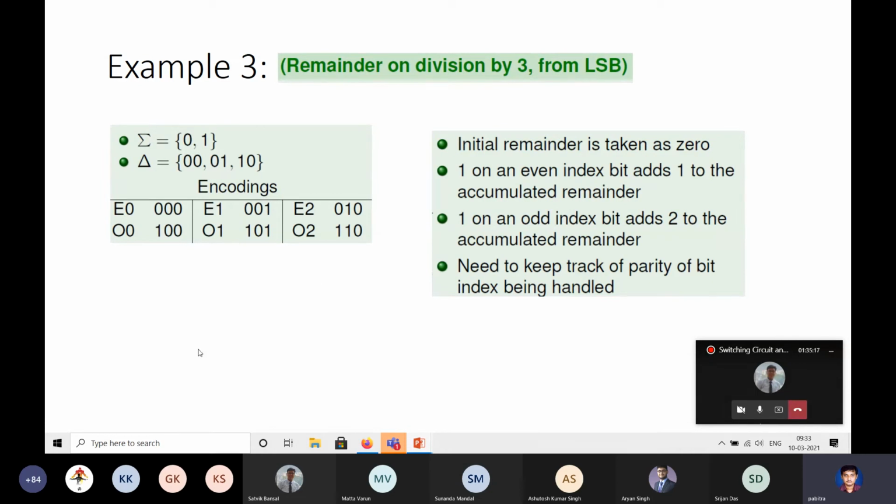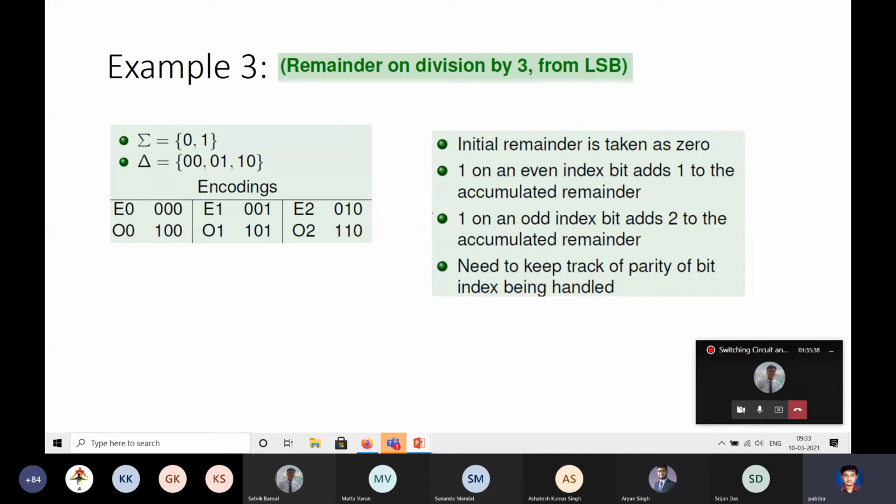But now instead of from the MSB side, I have the bits coming in from the LSB side. So if you have the LSB bit first, then the 0 index bit first, then the 1 index bit, then the 2 index bit, and so on.